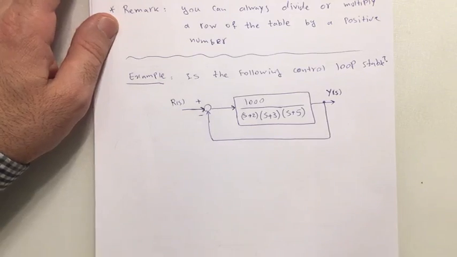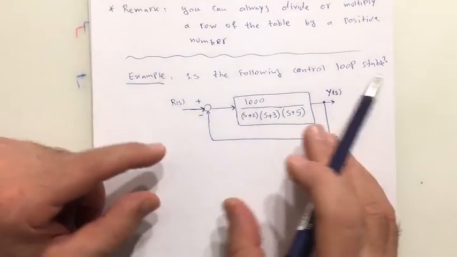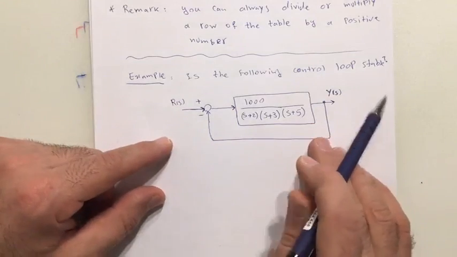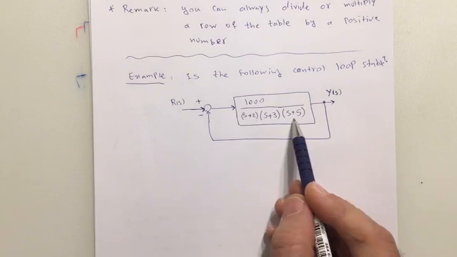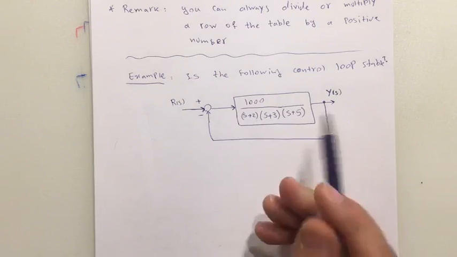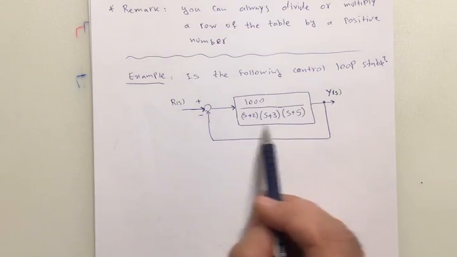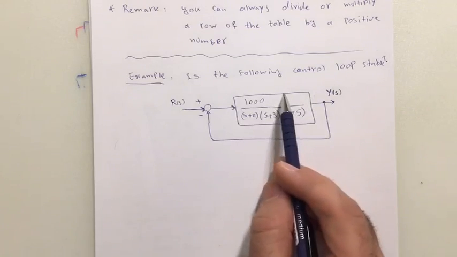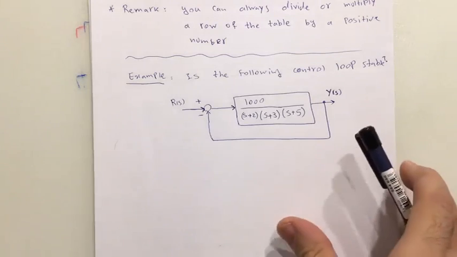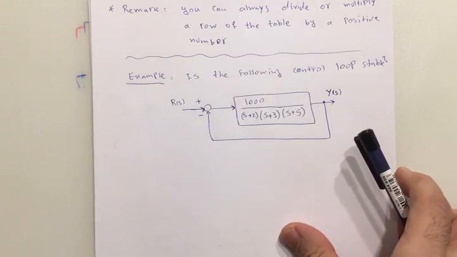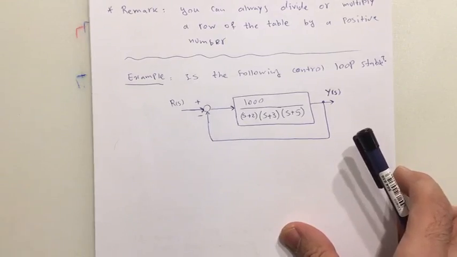So the question is, what can we say about the closed loop system? Remember, the open loop system has 3 poles, but having a stable open loop system, or a stable G(s), doesn't mean that the closed loop system is also stable. You should always check that.